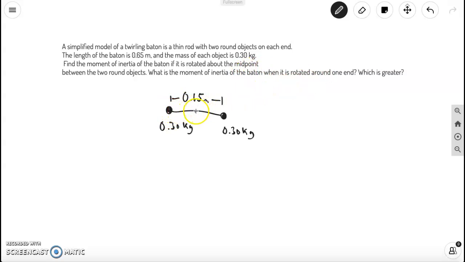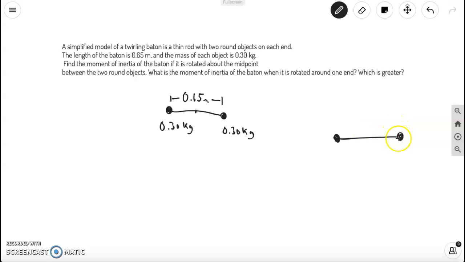Okay, so if we're spinning from the middle here, all we need to do is think about what shape is that going to make if we are spinning this object? This is a little bit hard to conceptualize, but if you draw the picture again, we have a weight here, we have a weight here. We're going to ignore the mass of the rod because it's not given to us.